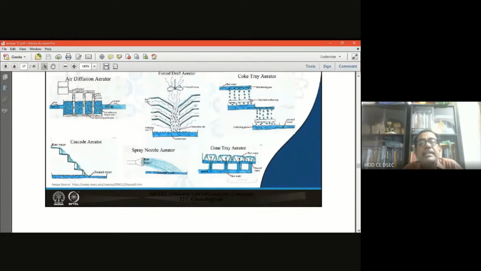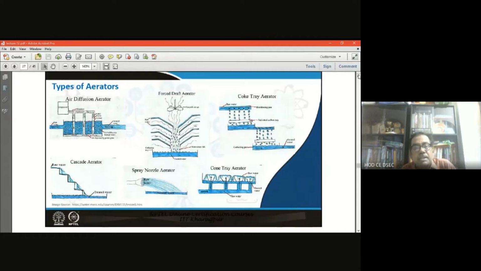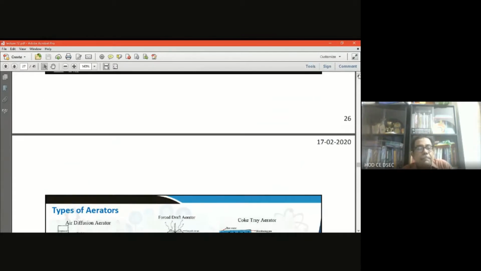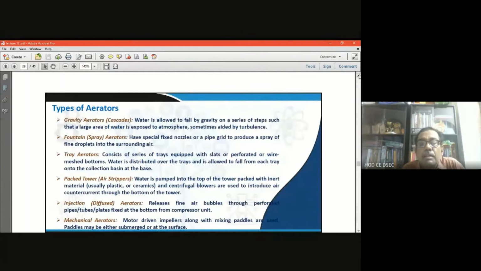Just beside the cascade aerator, it is seen. It is a pipe nozzle system spraying water into air. That means it is basically the spray of fine droplets into surrounding air. What is the basic purpose of aeration? To bring the air and water into close contact.